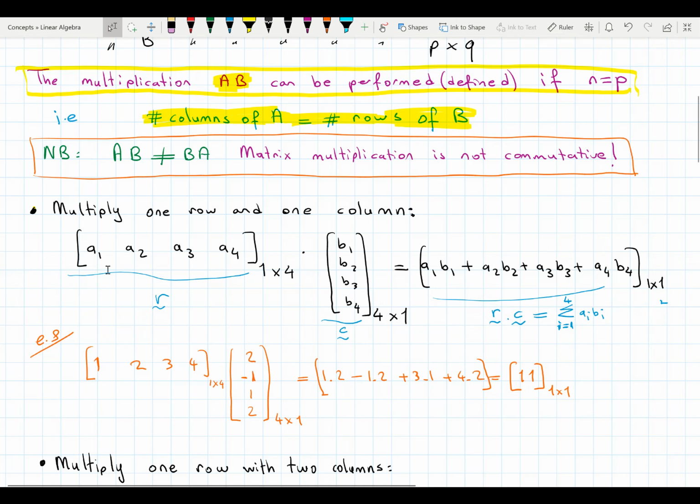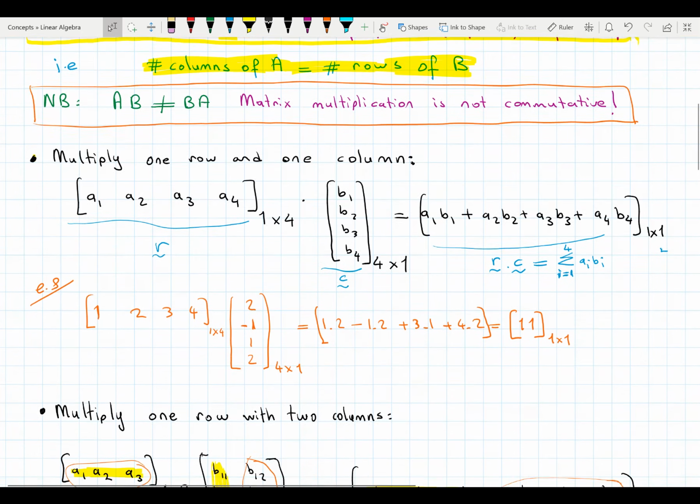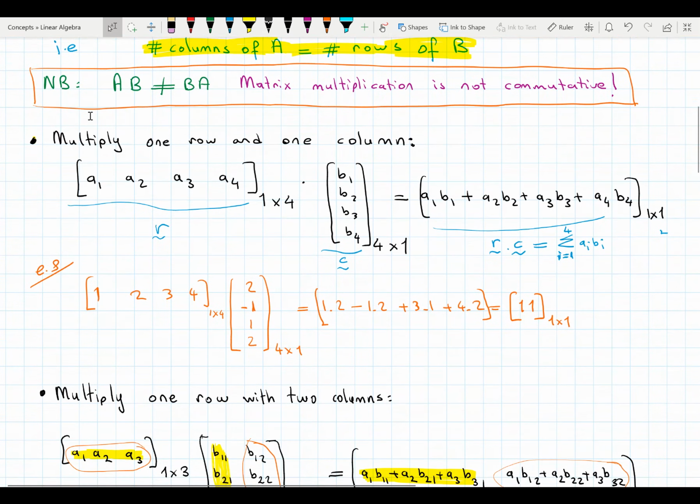But this is possible for any n, right? We can choose n much larger, and the process will be exactly the same. So this is the multiplication of one row and one column. As an example with numbers, because for some people it's easier to understand with numbers rather than abstract notation: we have 1, 2, 3, 4, and 2, minus 1, 1, 2.